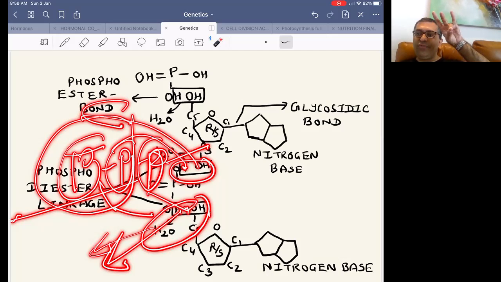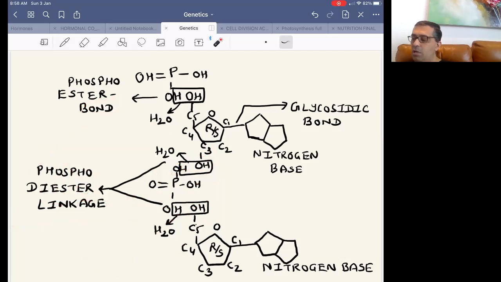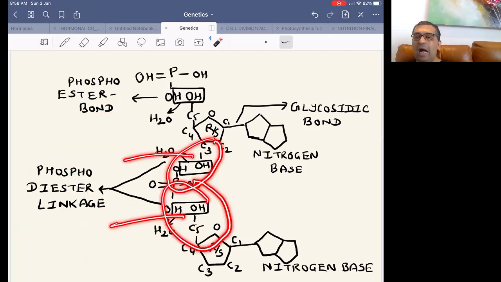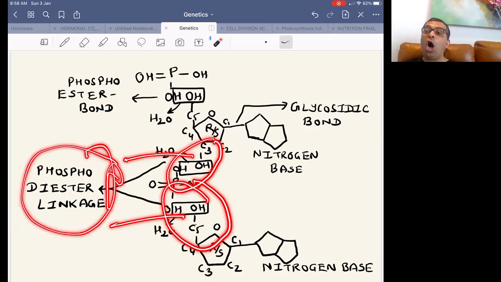Because there is energy between the first and second phosphate, and between the second and third phosphate, an energy bond. That energy helps in formation of a water molecule between the fifth carbon and the third carbon to form a phosphodiester bond.